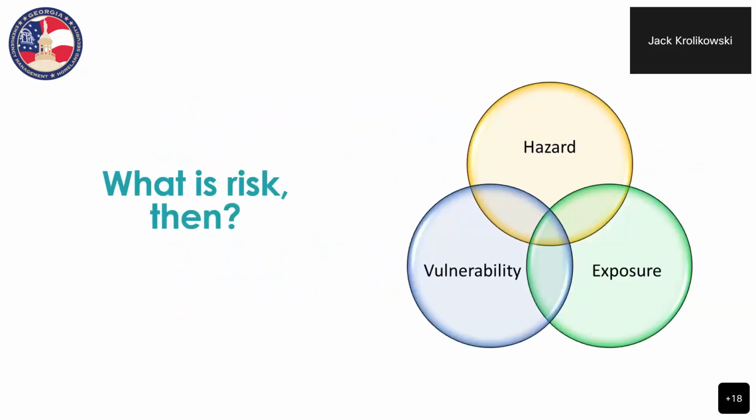So how this all starts, if we're going to be talking about this sort of long-term risk reduction, is with planning efforts. As you can see in that Venn diagram, risk is the intersection of hazard, exposure, and vulnerability, not unlike any of the other tools we've seen over the last day and a half. We work with all the local governments in the state.